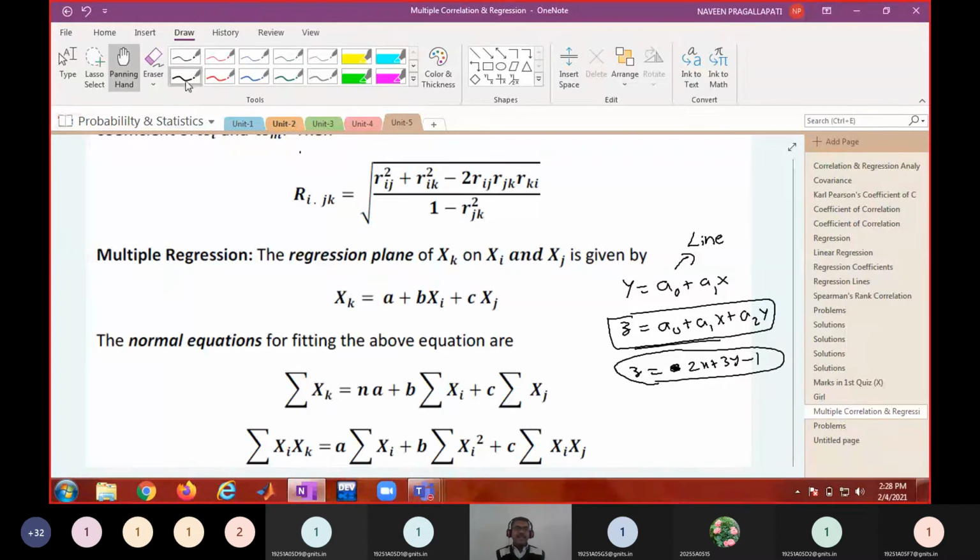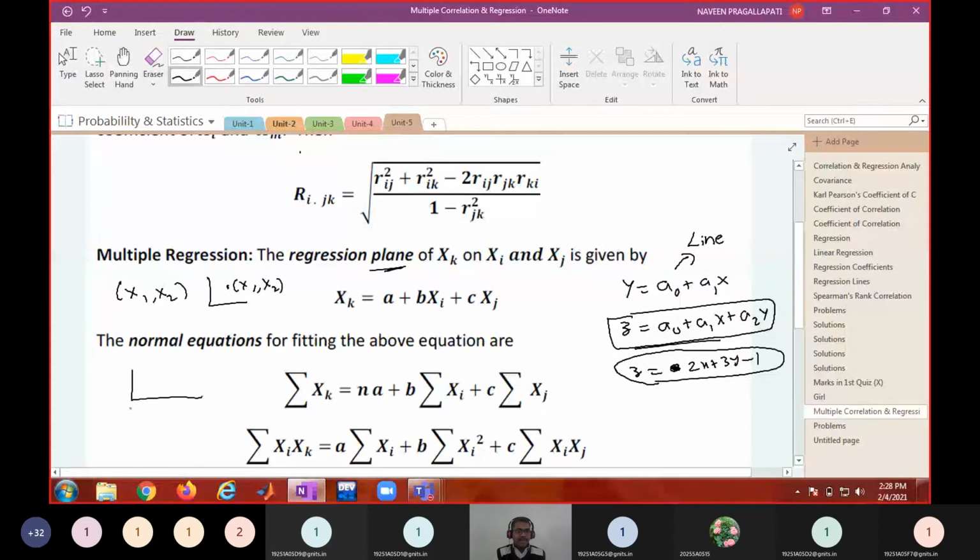If you are finding the regression for three-dimensional data, that is going to be a plane. Because x1, x2, x3, where will the point, the triplet x1, x2, x3, be? See, x1 comma x2 will be on the two-dimensional plane. Is that okay?